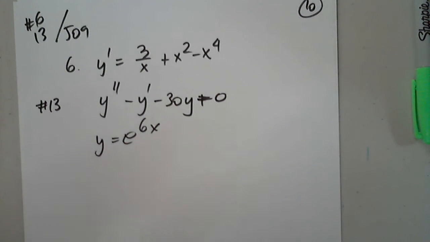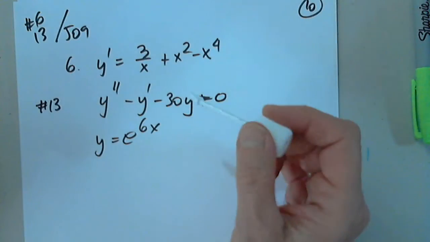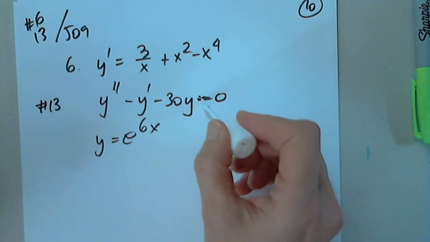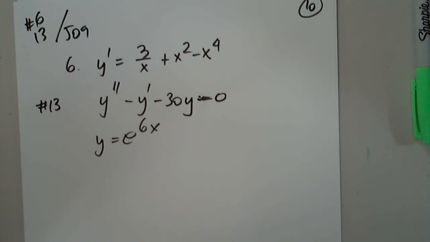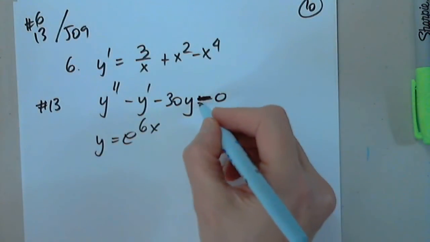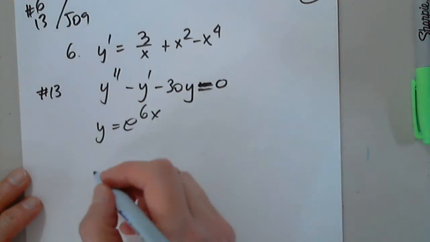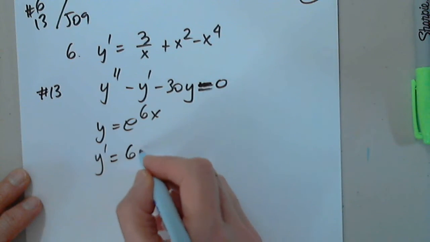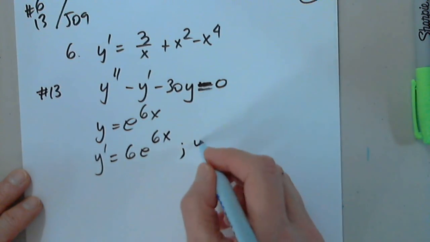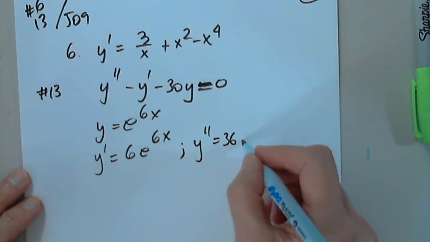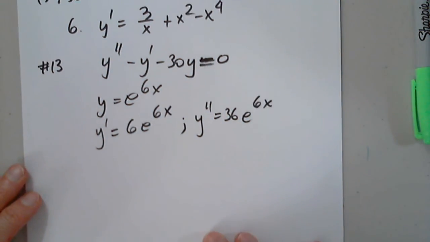Okay, so we have y equals e to 6x. So in order to show or check whether this is a solution or not, we have to determine the second and the first derivative and then plug them in and see if we get 0. So y prime would be 6e to 6x, and y double prime will be 36e to 6x.